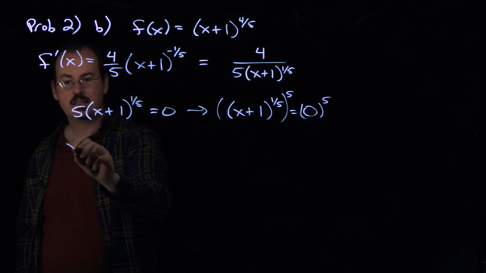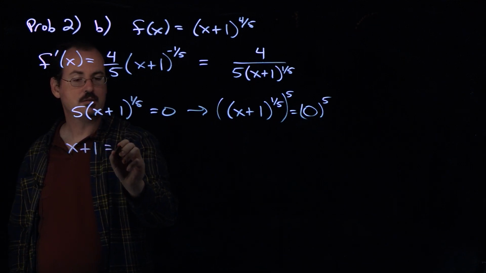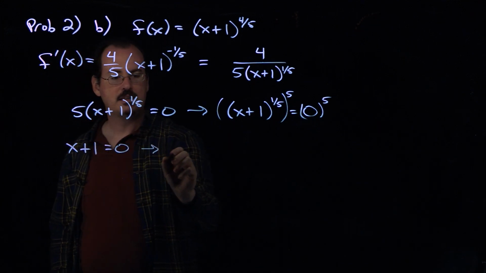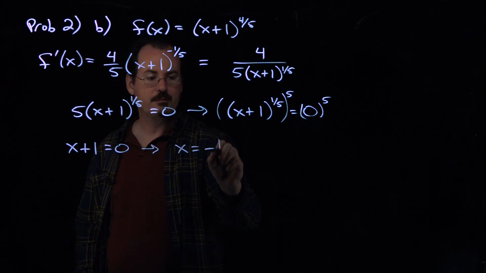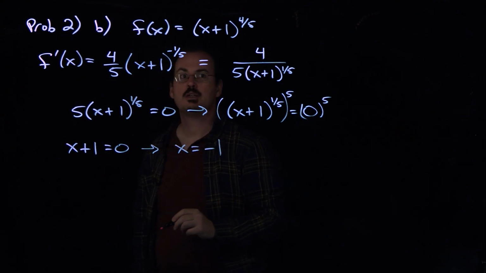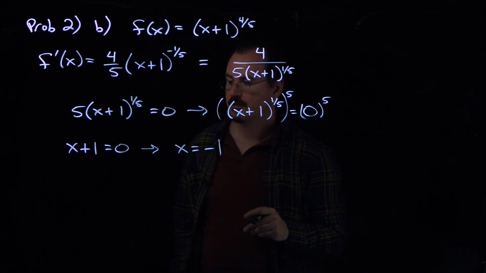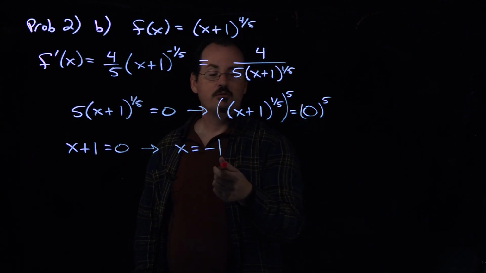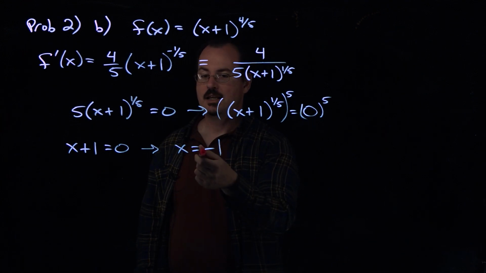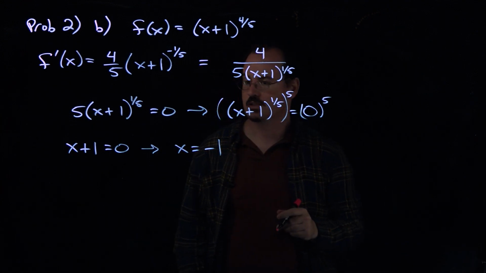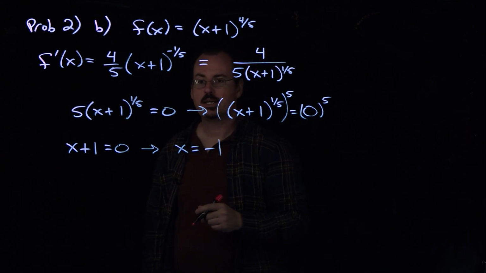So I'm just left with x plus 1 is equal to 0. And so what does that tell us? That x equals negative 1 is a critical number. Okay, and that's the only kind. And remember, this is like a type 2 critical number, the kind where the derivative doesn't exist. So if we graph this function, what we would find is that there would be a sharp point in the function at negative 1.